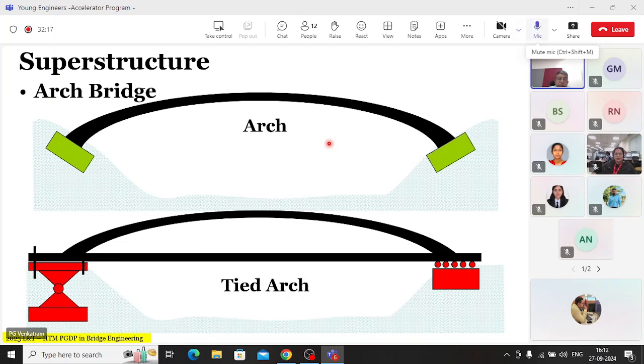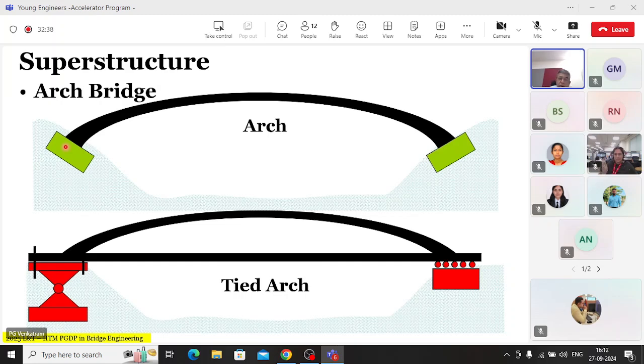How does the force transfer take place? That is the end consequence. But in the arch itself, the force transfer takes place by what? Axial force. Axial compression, significantly axial compression.